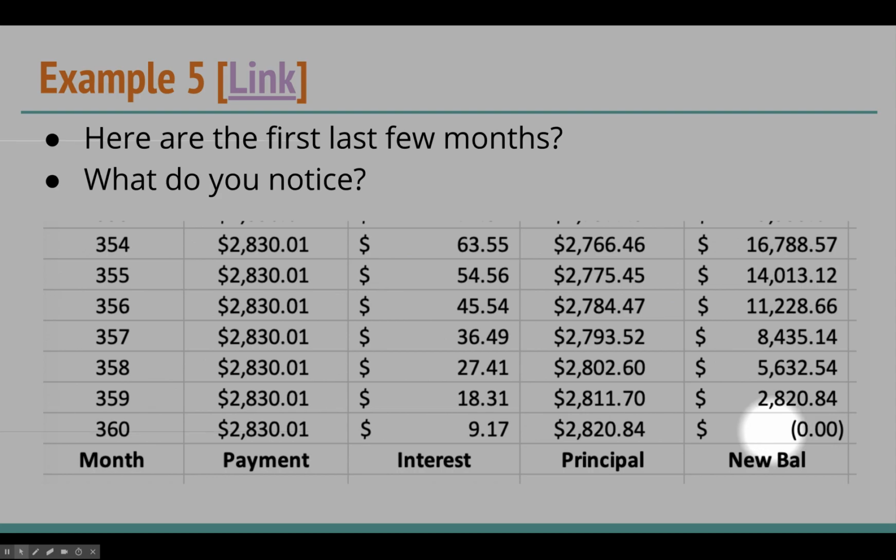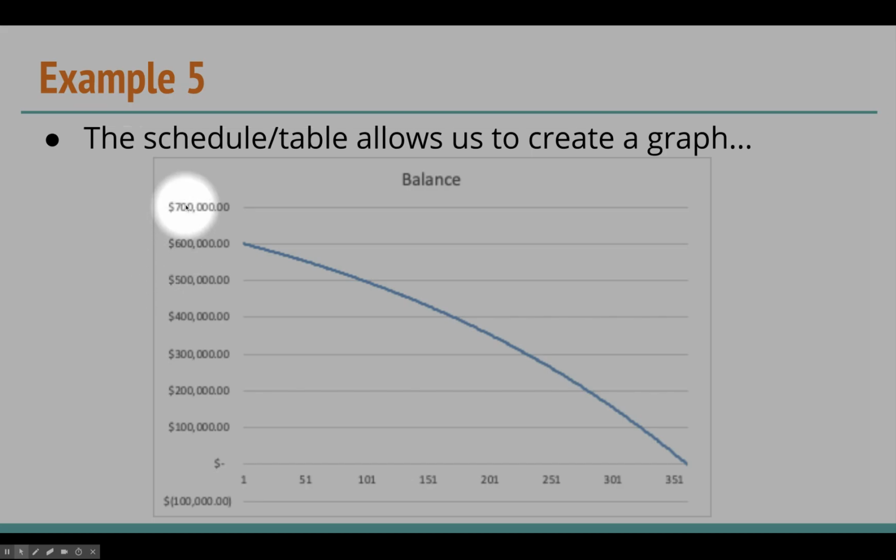Now what you have to do is imagine here for a moment that there's 360 rows. Each row represents 1 month. And you can actually then take that table of data and you can create a graph. So you can see here down on the bottom, this is months that have passed. Over here is the balance of the loan. You can see here at the very beginning, it starts at $600,000.